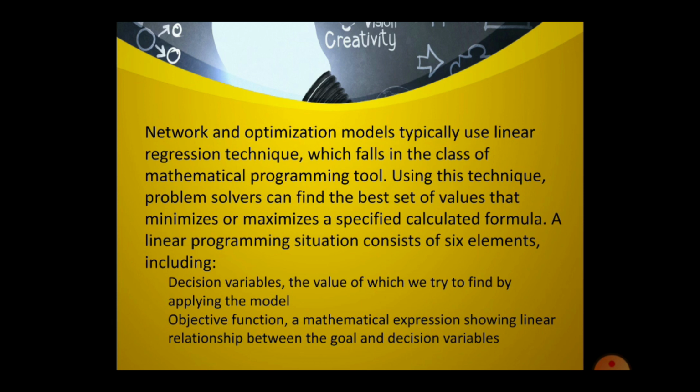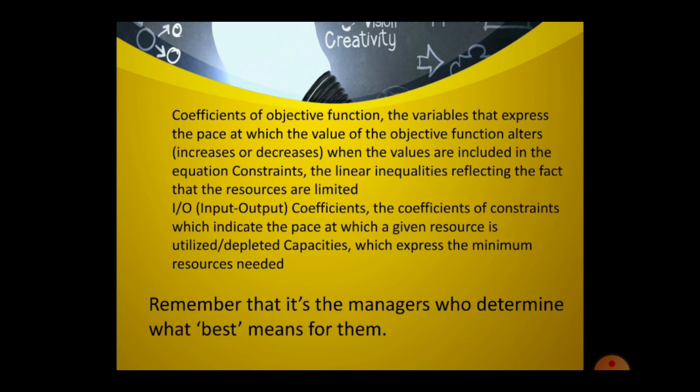A linear programming situation consists of 6 elements, including decision variables, the values which we try to find by applying the model, and objective functions, a mathematical expression showing the linear relationship between the goal and decision variables.